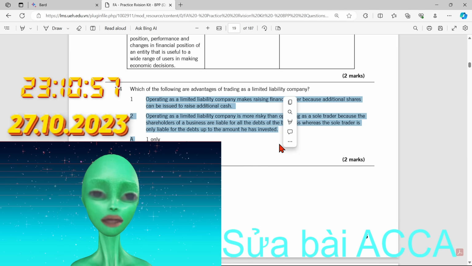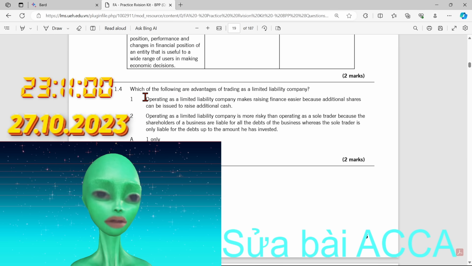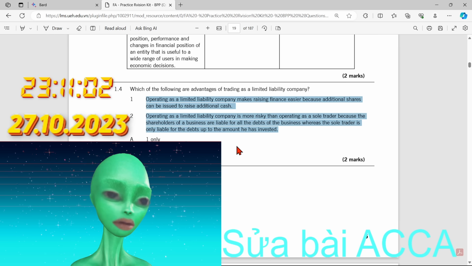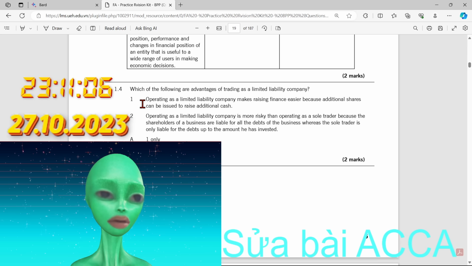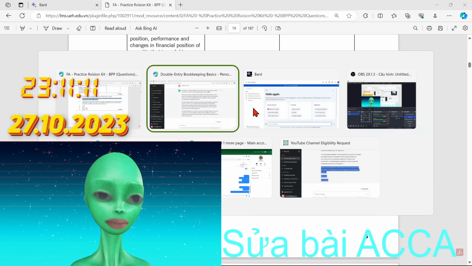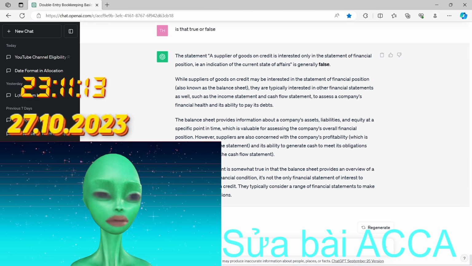The second statement is false. I don't know whether the first statement is true or false.